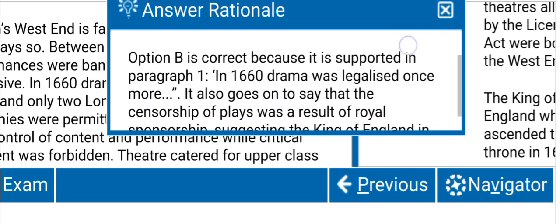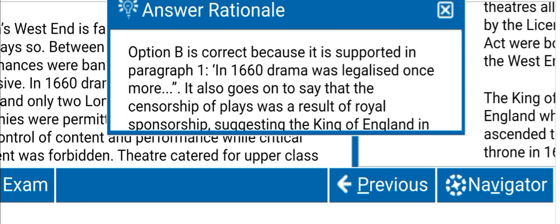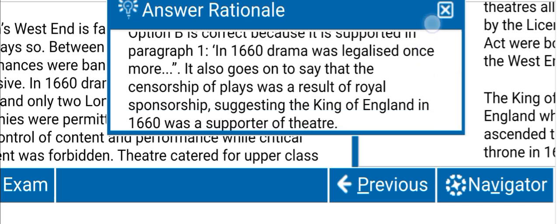So option B is correct because it is supported in paragraph 1. In 1660, drama was legalized once more. It also goes on to say that the censorship of plays was a result of royal sponsorship, suggesting the King of England in 1660 was a supporter of theatre.